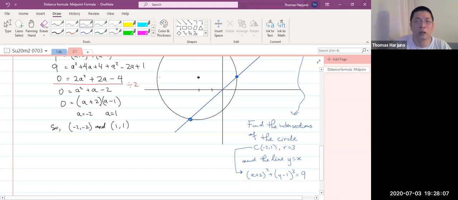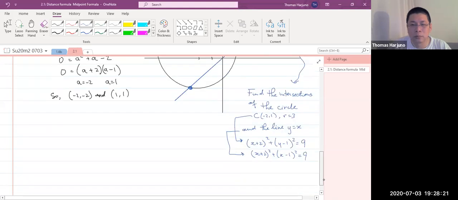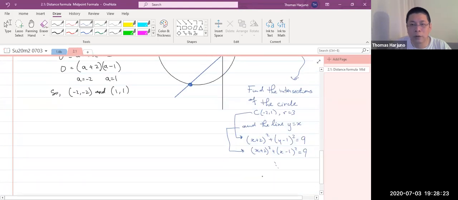Now then, because x = y, I replace the y by x. And when I solve it, I will get x = -2, x = 1. So the coordinates will be the same solution we had earlier.